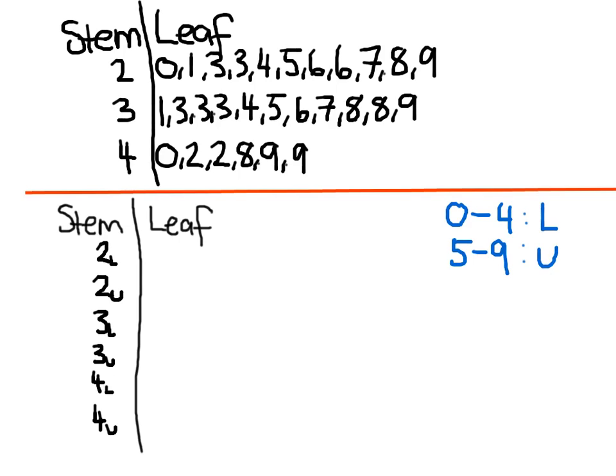So if I was to put all of those values from the old squashed stem and leaf plot into the new spread out one, it might look a little like this. So the first value that we can see is 20. So I would put a 0. Comma, a 1 for 21.